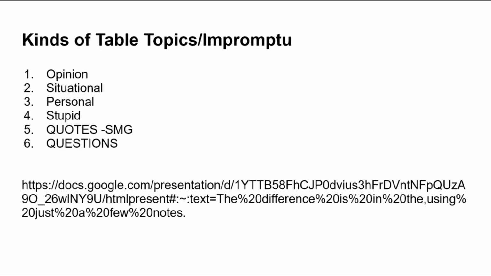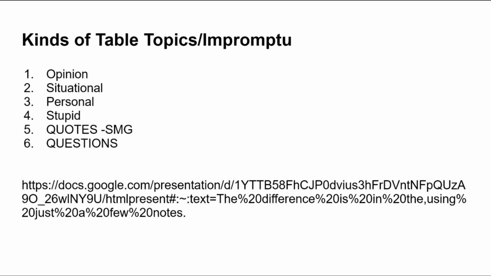These are the different types of table topics or impromptu. In Toastmasters, we call it table topics. First is asking for your opinion, so it's opinionated. Second is situational. So there are some situations in life where you have to explain what you're going to do. Third is personal.